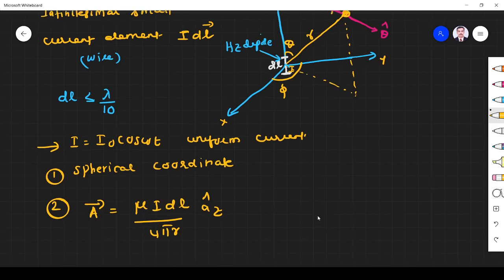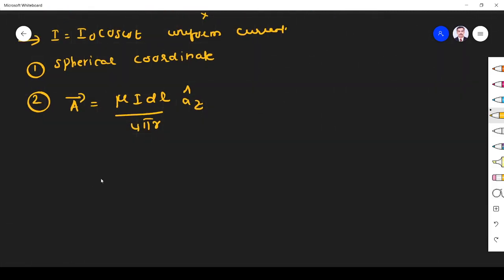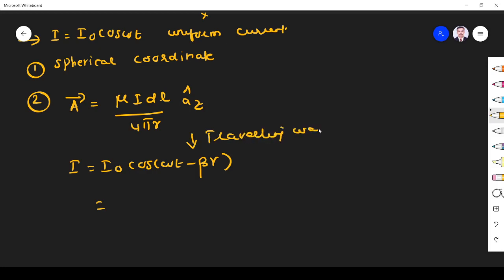Now we see that I equals I naught cos omega t minus beta R. This is talking about a traveling wave, not a standing wave.